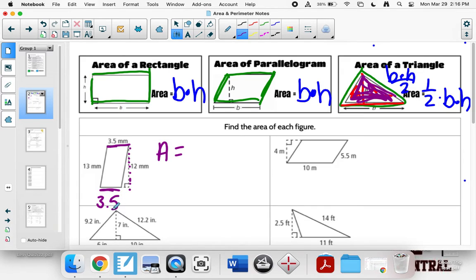And again, your base and height make a right angle. So our base is 3.5. Our height is 12. So throw that in the calculator, and what do we get for our area? 42. Yeah, 42. When we label area, it is units squared.